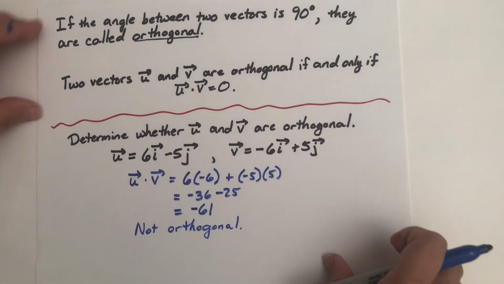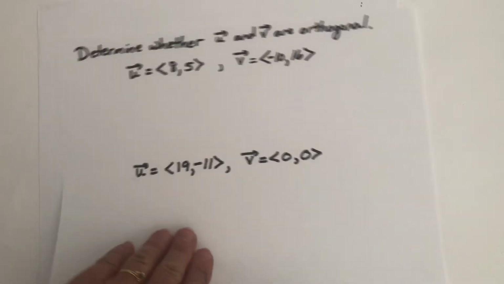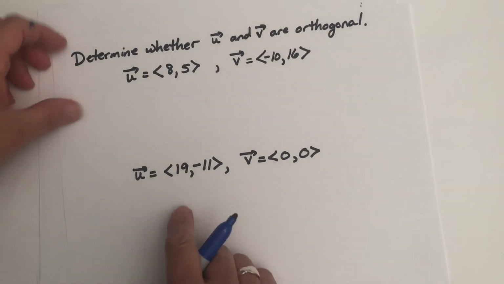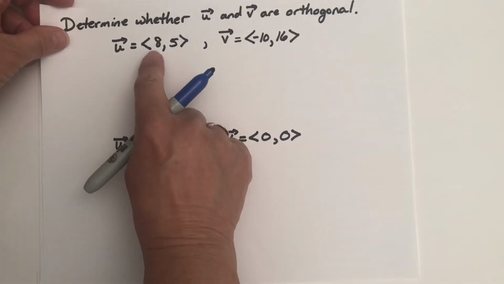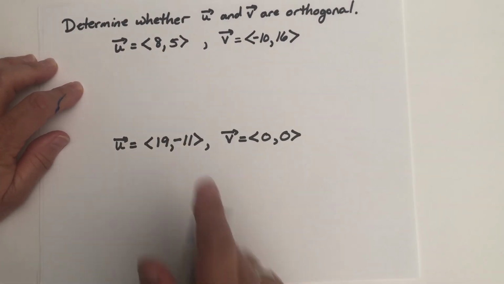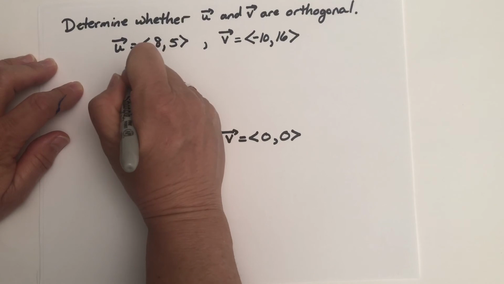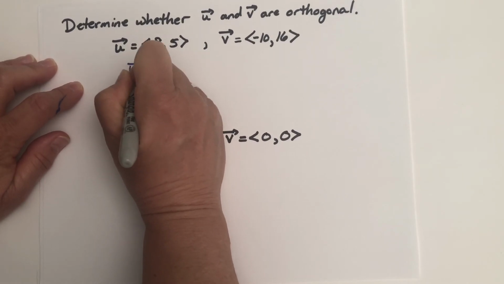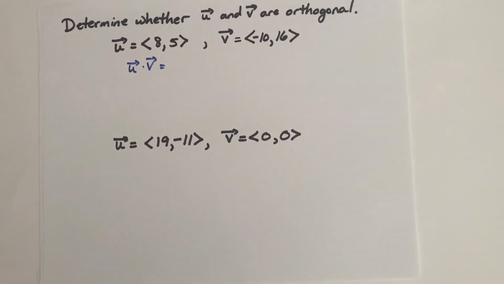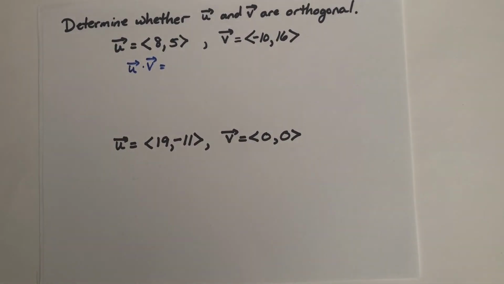Let's do another one. Let's find u dot v for the vectors 8, 5 and negative 10, 16.